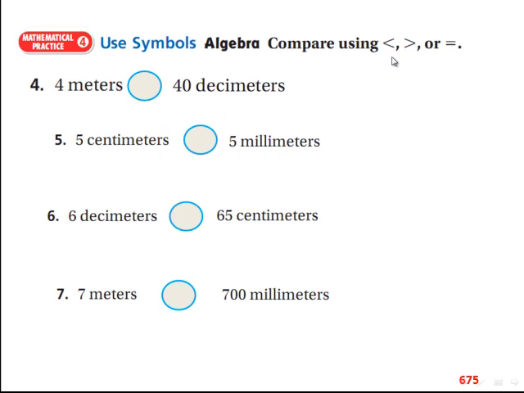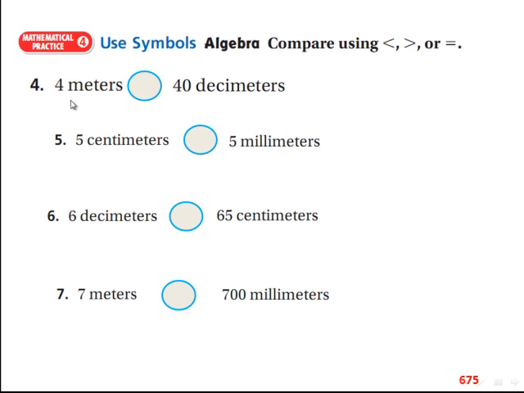Compare using less than, more than, or equal. Question 4 says 4 meters less than, greater than, or equal 40 decimeters. Do you remember comparing rule? Yes, I remember it. Number 1, convert from the big unit to the small unit. The big unit is meter.